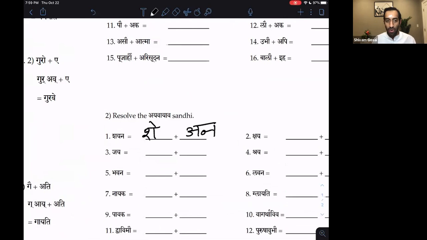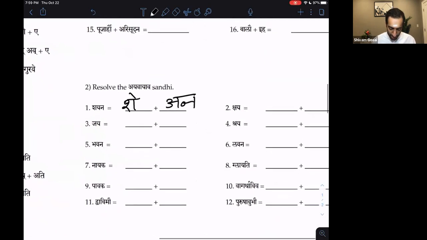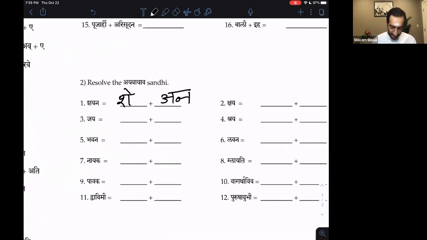E, O, ai, ow, and ay, av. So shayana. Kshayana is the same thing. We have the ksha, and then we have ay, right? So it must have come from e plus a. Kshaya.